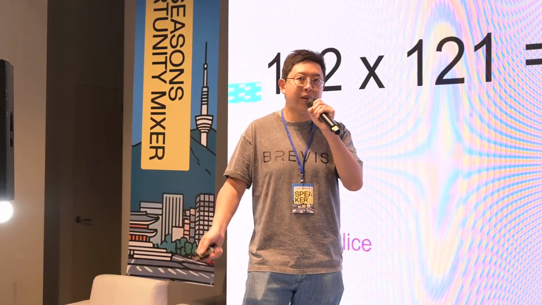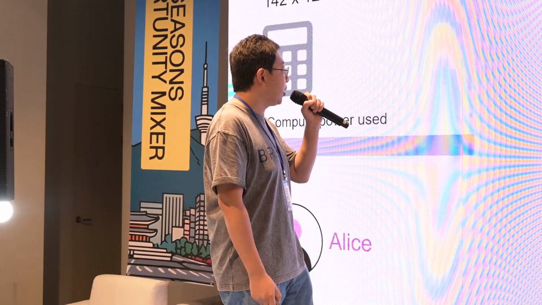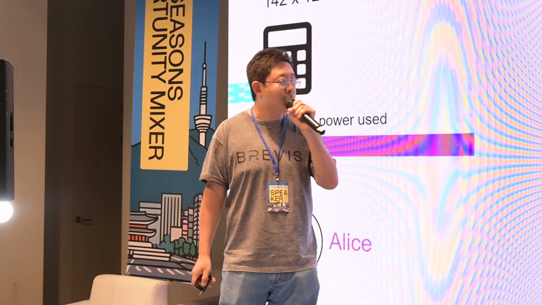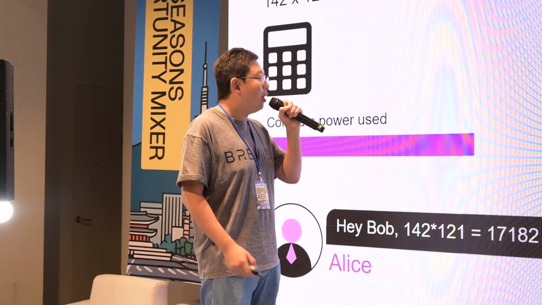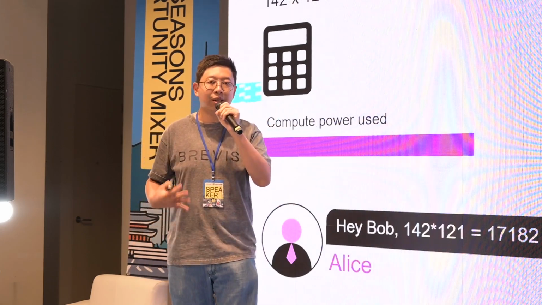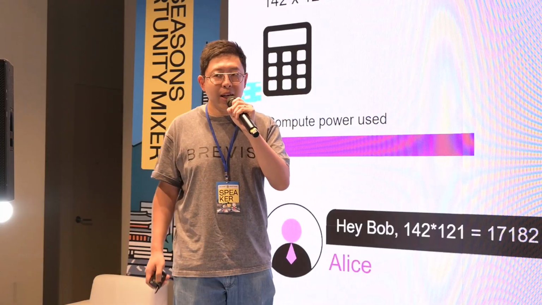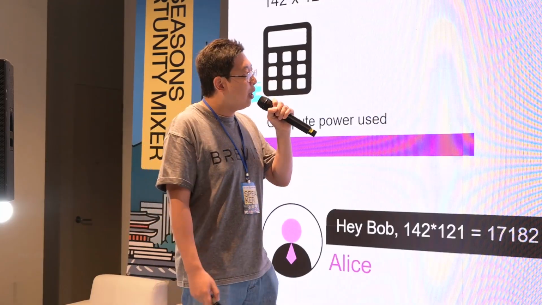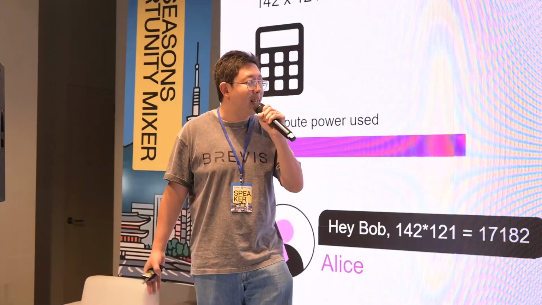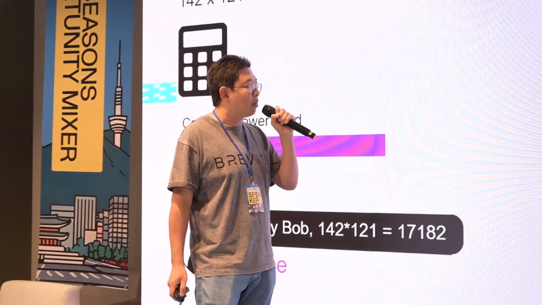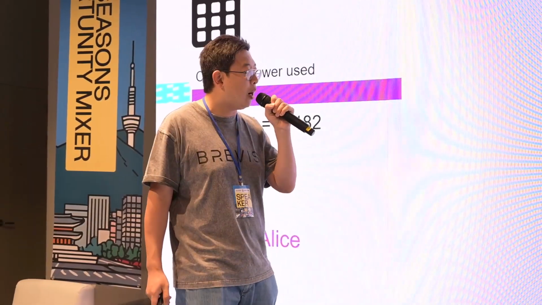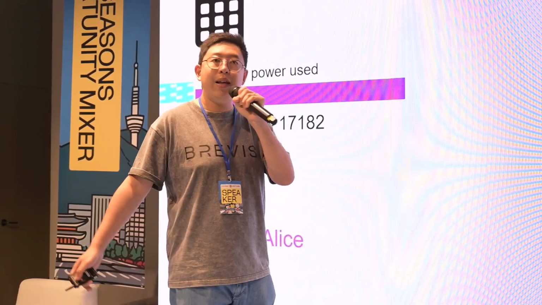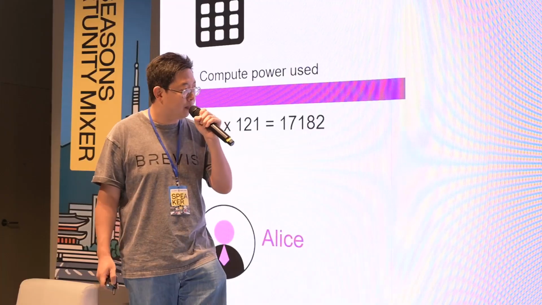Alice here is trying to compute the result of this multiplication equation, and she is trying to convince Bob, the other validator, that the result she computed is correct. In our blockchains today, the only way to do this is by recomputation. So Bob is going to do the same computation, spend the same computation power and cost, and get the same result. And then they can reach consensus.